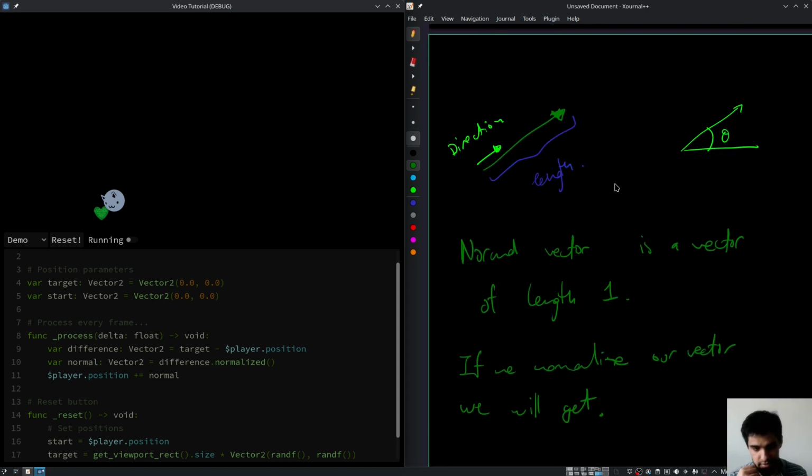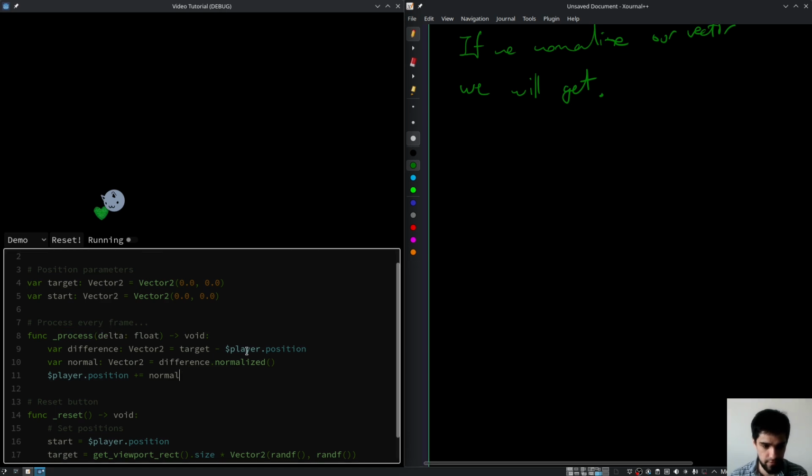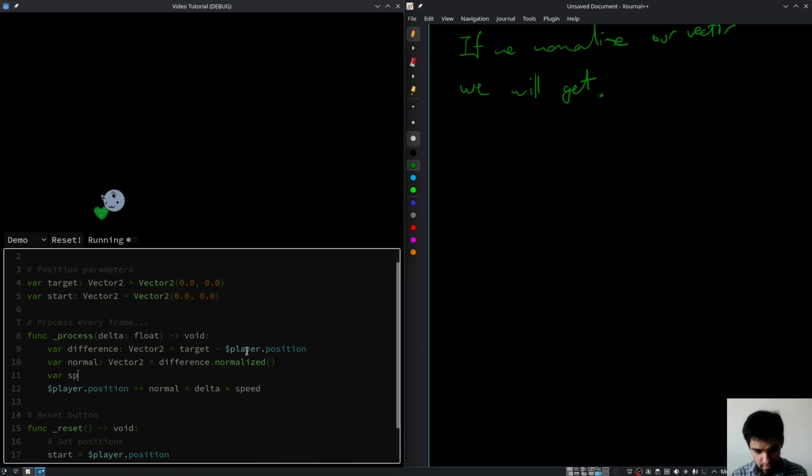The issue now is that this is moving 1 pixel every frame, and we want to be able to control the speed. But we also want the speed to be independent of the frame rate. So if it's going at 30 FPS or at 60 FPS, we still want to go at the same speed. And so that's why we're going to multiply by delta, which is how much time has passed since the previous frame. And then we're going to multiply by our speed, which is going to be a constant. So let's set it to just 100.